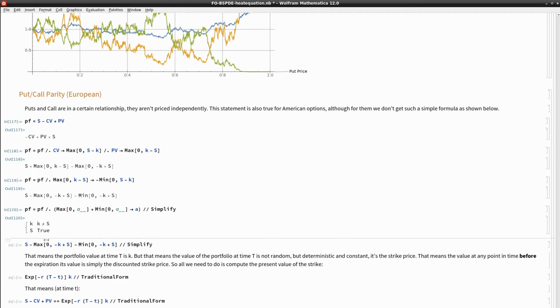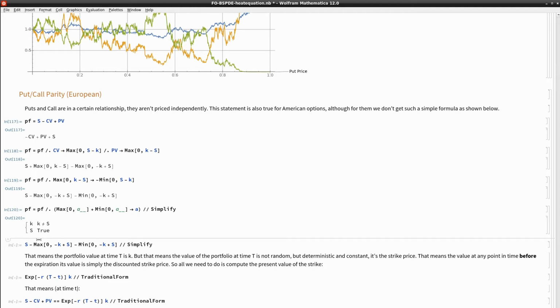And we're now getting a formula that I think is probably more complicated to read than it should be. If the strike is different from the stock price, then the portfolio value is K. And if the stock price is the same as the strike, then we take S. But it's also K because they are the same, right?